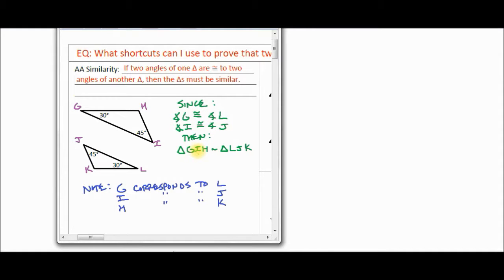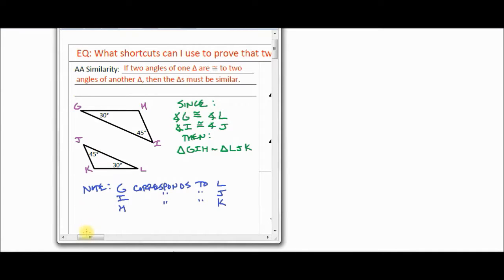We know that GI corresponds to LJ, IH corresponds to JK, and GH corresponds to LK. So there is your proof of similarity based on two angles.